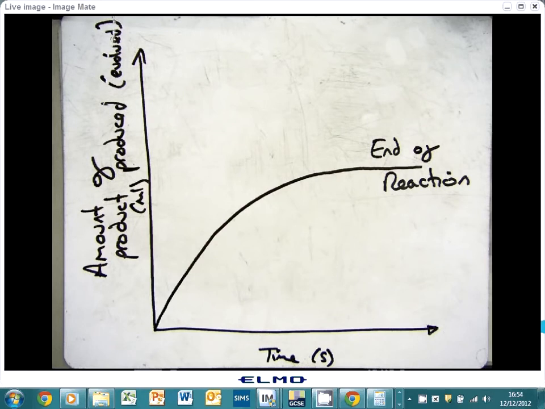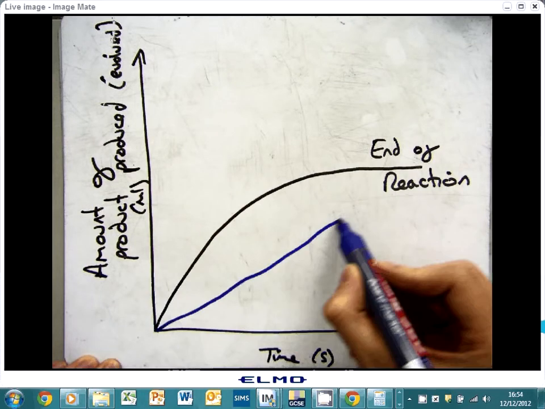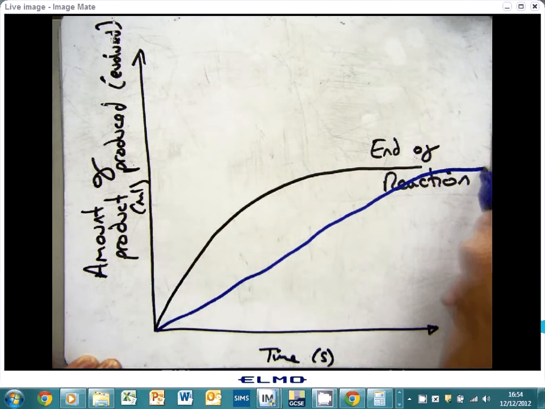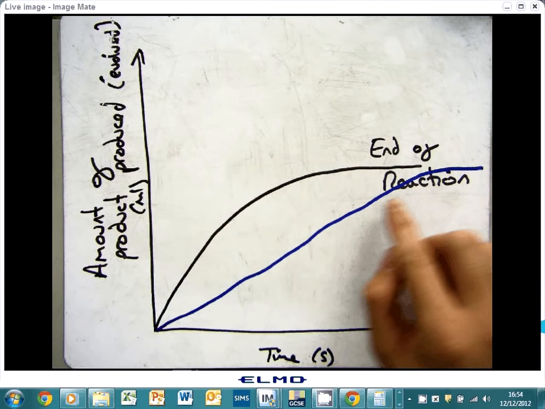If you were to have a slow rate of reaction, the graph would look like this. Here, as you can see, it reaches the same level, the same amount of products formed, but it takes longer to get there.